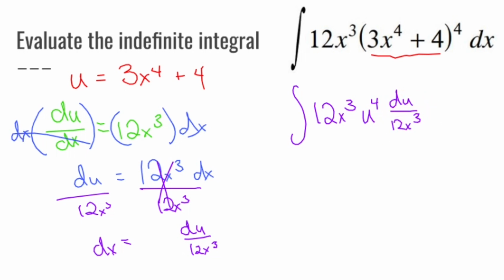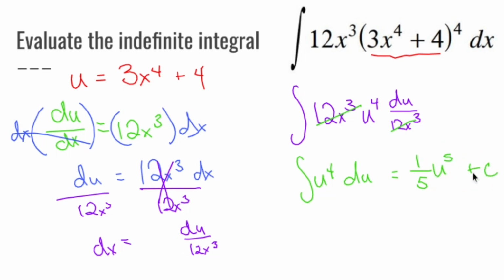Now, what's magical about that? Well, 12x to the third over 12x to the third cancels each other out. So now I have the integral of u to the fourth du. The integral of u to the fourth du is 1/5 u to the fifth plus c.